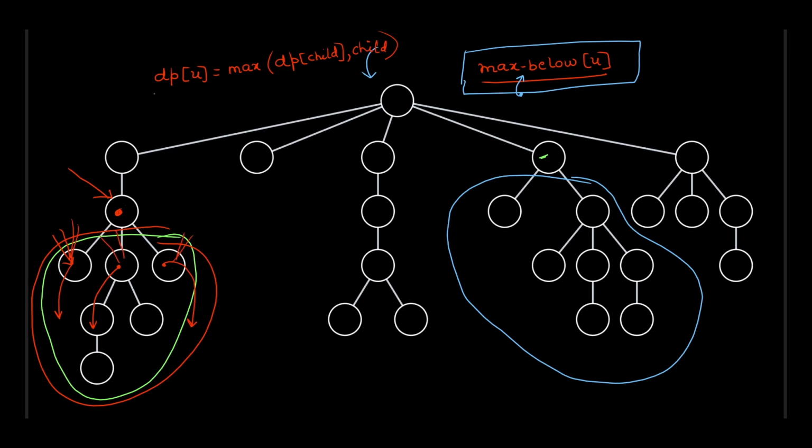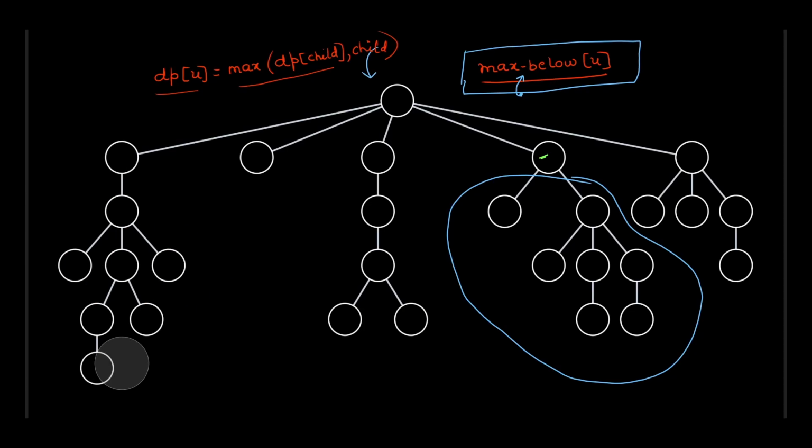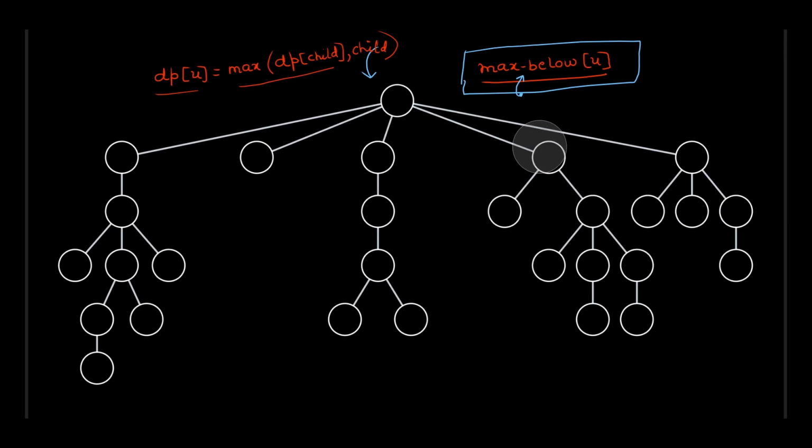So that's why DP of U would be the maximum of DP of child, comma, child. This is just the maximum subtree DP, but here we are not counting the node U itself. That's why the DP definition is max below. I'm not talking about the maximum value of U on the subtree, I'm talking about the maximum value below it.